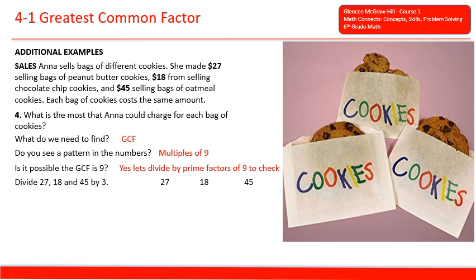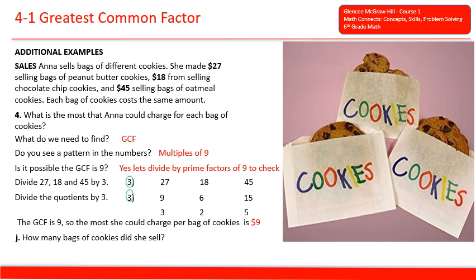So if we have 27, 18, and 45, if we divide all 3 by 3, because remember we're going to divide by prime numbers, so 27 divided by 3 is 9, 18 divided by 3 is 6, 45 divided by 3 is 15, you can divide by 3 again, 9 divided by 3 is 3, 6 divided by 3 is 2, 15 divided by 3 is 5, and we have 3 times 3, so that is going to be 9.